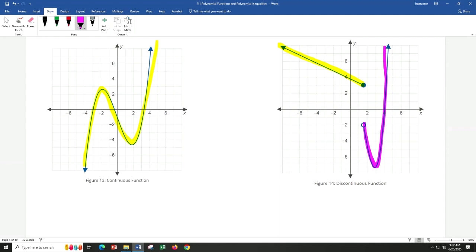Is it not? Look, it's going to go up to infinity. I'm never going to have to pick my line up. So I can bound that function to a section that is continuous, but the function as a whole, there's a hole in it. We call this right here a removable discontinuity.